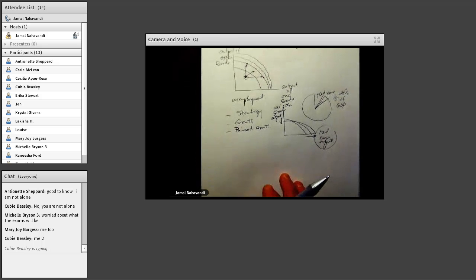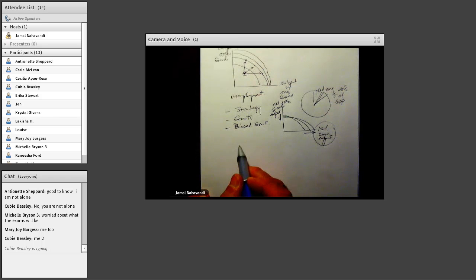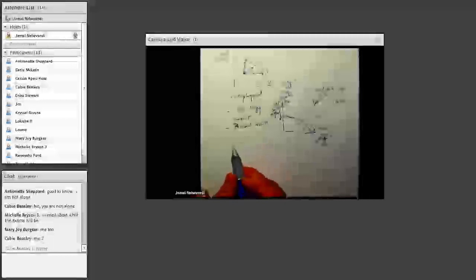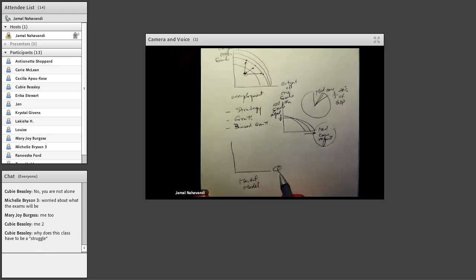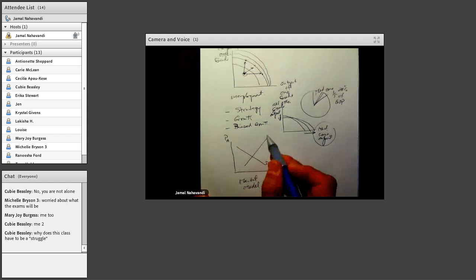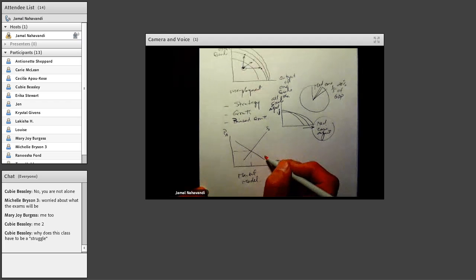If you were to specifically talk about individual products or services, then you use the market model. Quantity of a given good and the price of a given good. There's a demand and supply, an equilibrium price and quantity, and then in that context you can discuss changes in demand and also changes in elasticity of demand.